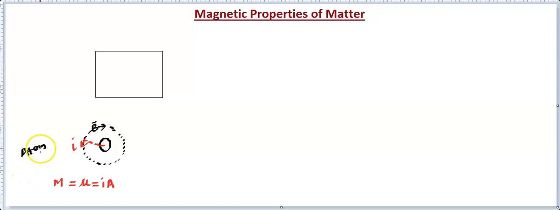But if we talk about the substance in totality, then you'll find there are several atoms existing together. When I say several, that means a very large number, right? So a large number of these atoms are present. And if we write this dipole moment by a vector arrow, then we will find these dipole moments will be oriented within this material in very random directions.